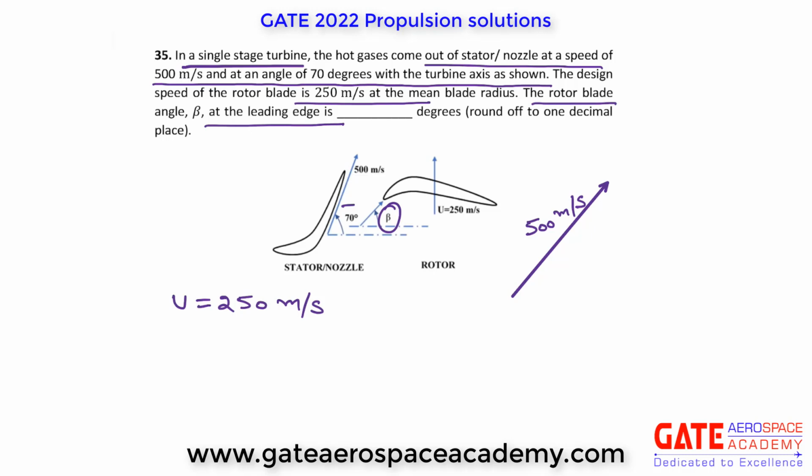So this is absolute velocity. So U is 250 meter per second. So this is 250 meter per second. This is relative velocity. Let's draw the axial velocity. So this angle is 70 degree.